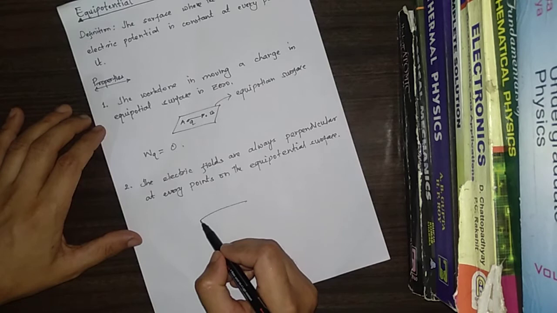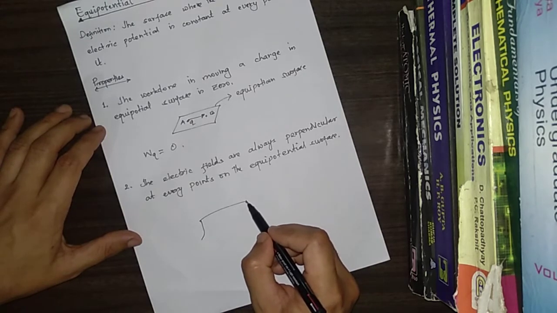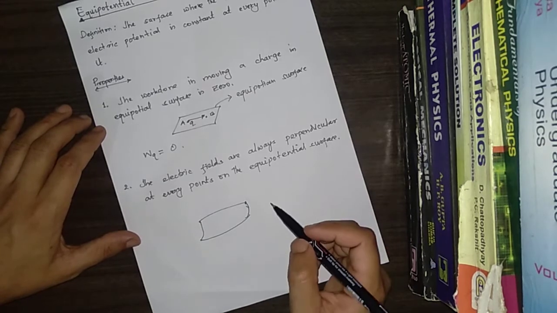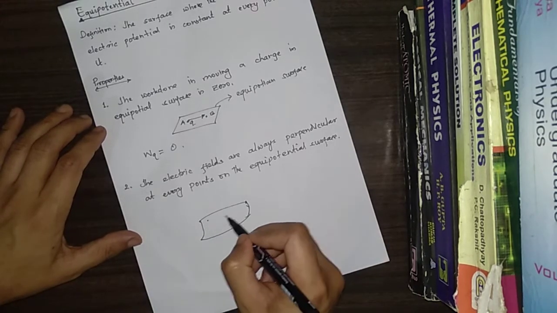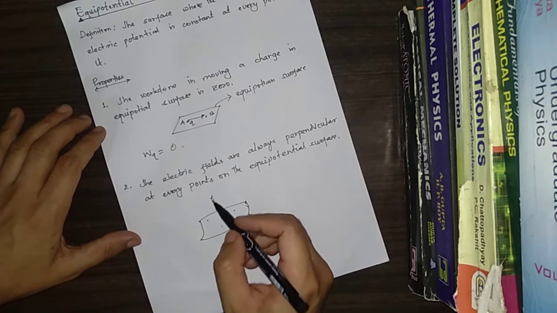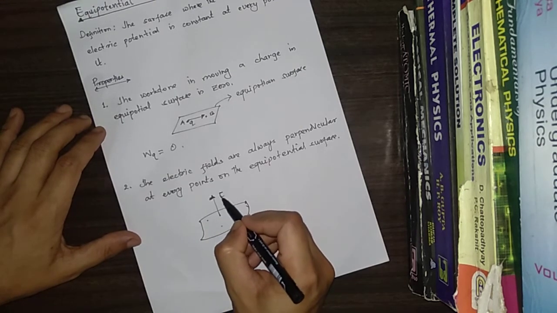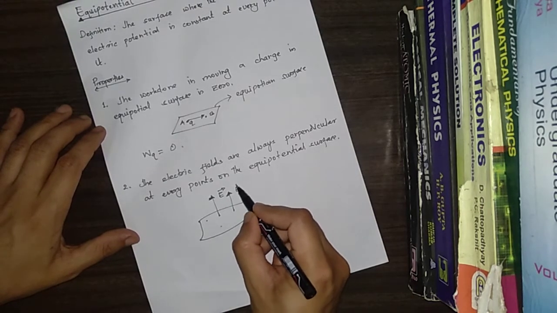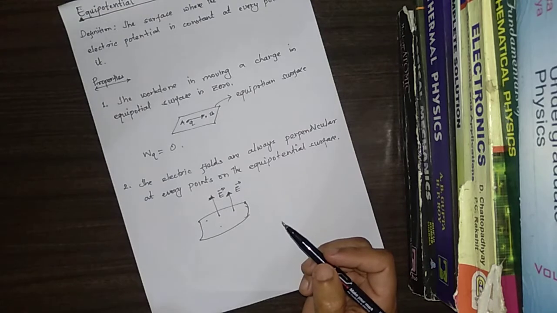Suppose this is your equipotential surface. So at every point on the surface, the direction of the electric field will be normal. So at such surfaces, the direction of electric field is always normal.